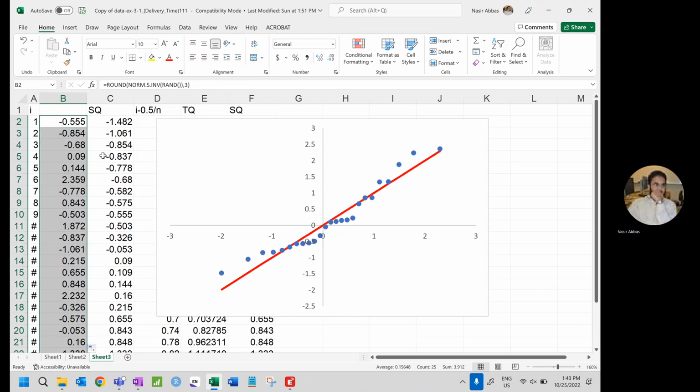Look here. The points are still deviating from the line, but is the deviation systematic? You don't know if the next point will be above the line or below the line. Can you predict?